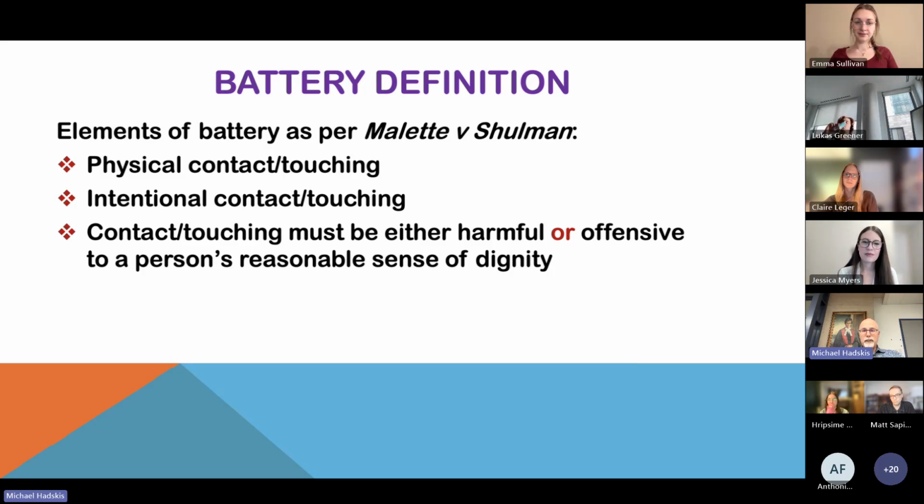It wasn't accidental. He wasn't walking through the ER with the needle in his hand, tripped on something, and jabbed her accidentally. If that happened, there would be physical contact. There might even be harm, as we'll discuss in a minute, but it would not be intentional. So you could not establish the tort of battery.